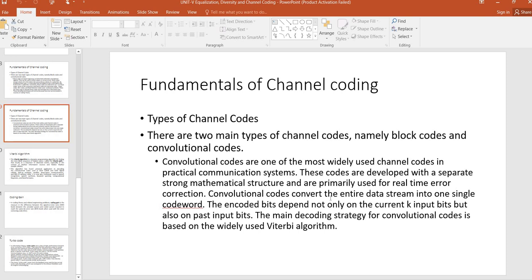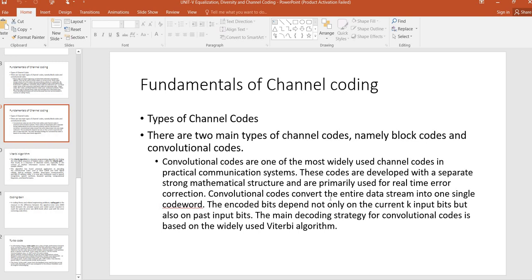Okay, convolutional code converts the entire bit stream into one single code word. The code word bit depends not only on the current k input bits. So convolutional code converts the entire bit stream.